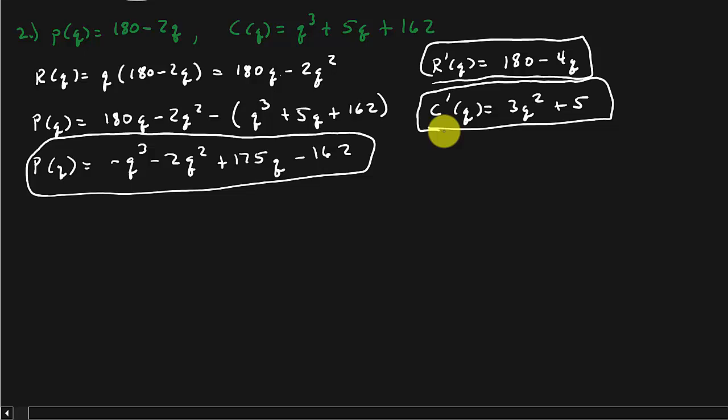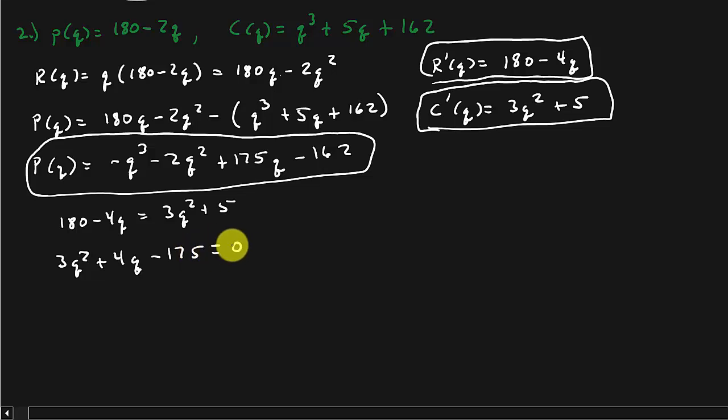And then to maximize, we set those equal to each other. 180 minus 4Q equals 3Q squared plus 5. So I'm going to move the 180 and the 4Q to this side. So I get 3Q squared plus 4Q minus 175 equals 0. All right. And then this will factor into Q minus 7 times 3Q plus 25.